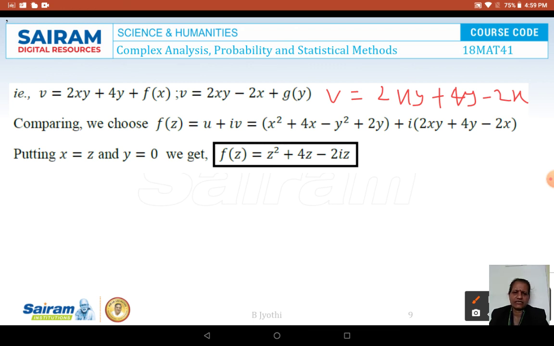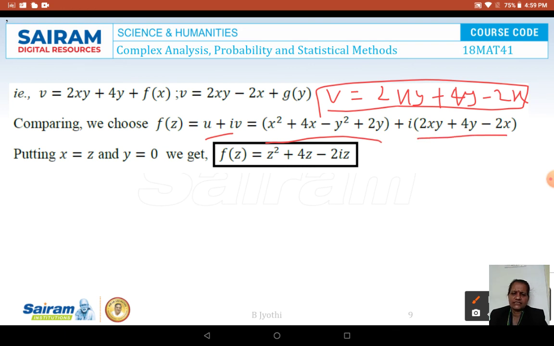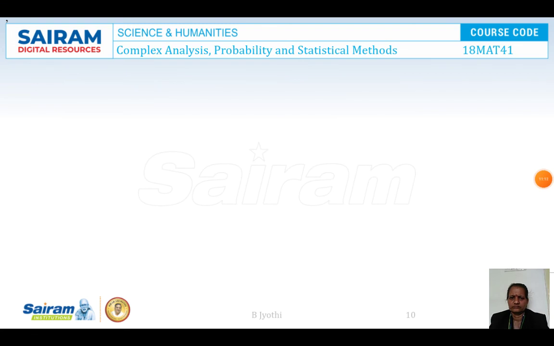I have already explained. So this is what we are getting as the v. Now consider f of z, which is u plus iv, that is consider u and v. Put x as z and y as 0. We get z square plus 4z minus 2iz.